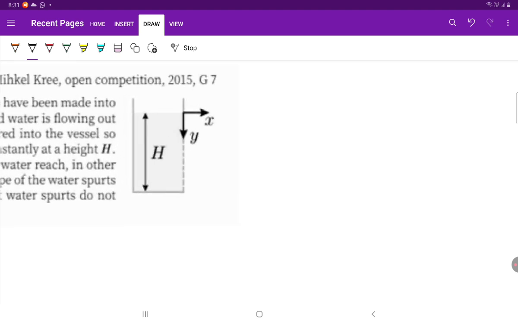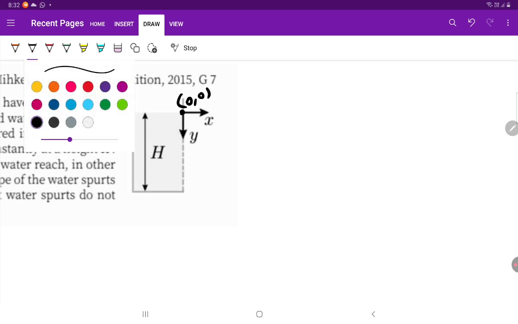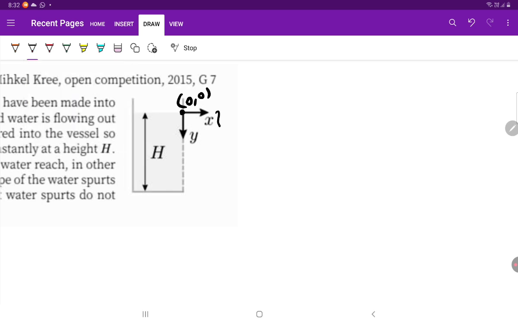So we are asked to take this point to be 0 comma 0. Now suppose at a height h there is a small hole, then the water flowing out of the hole will have horizontal velocity root 2gh.